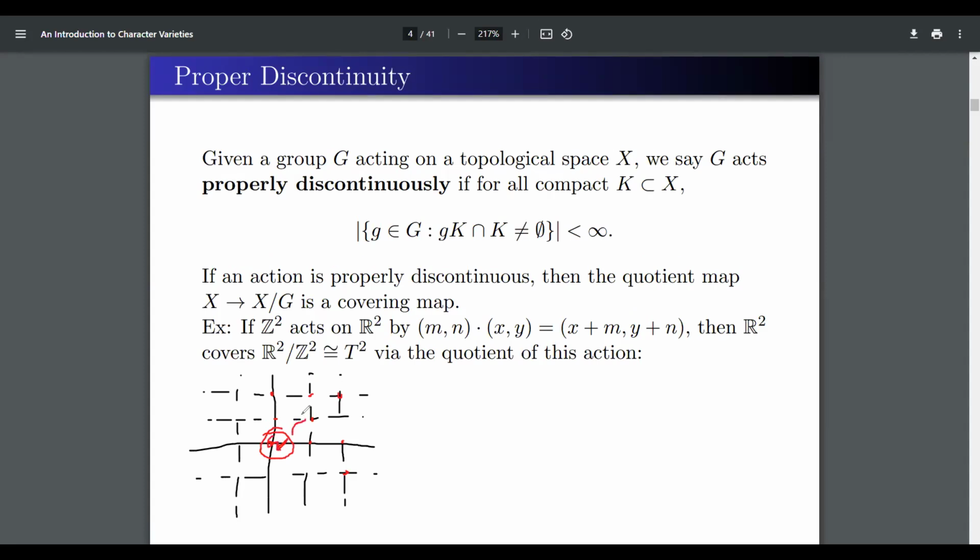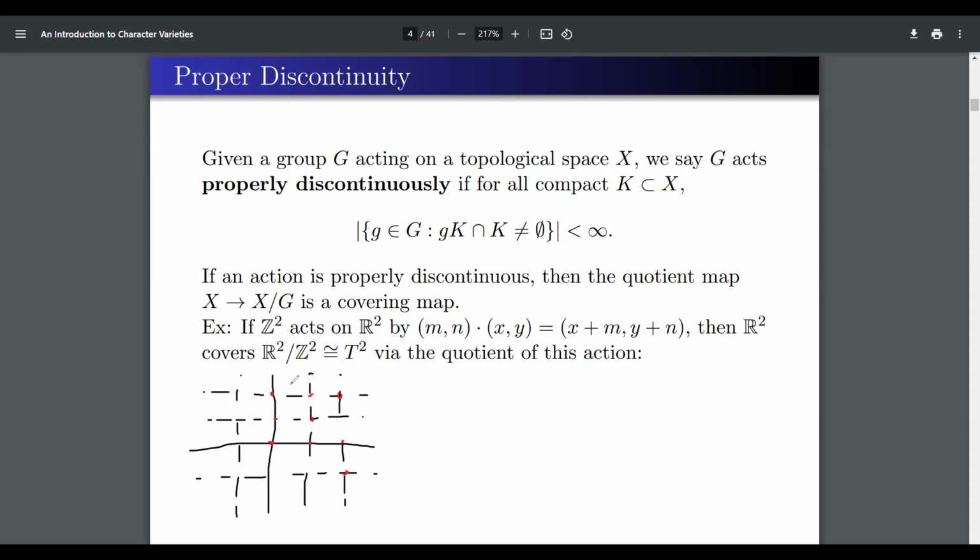Any integer translation of this one will move it entirely off of itself. And even if it was slightly larger, like here, there are only finitely many Z2 integer combinations that you can shift this ball by to have it still intersect itself around some other coordinate.